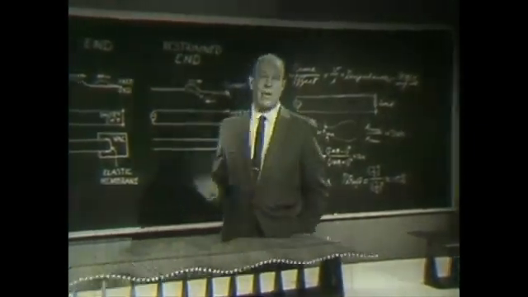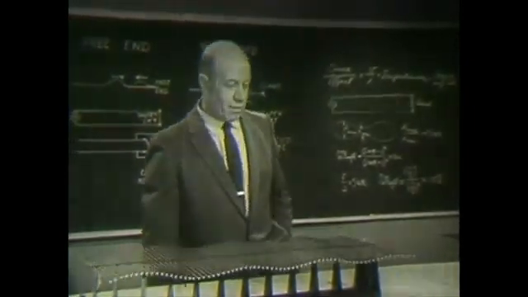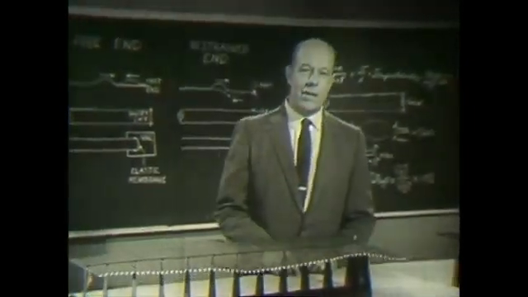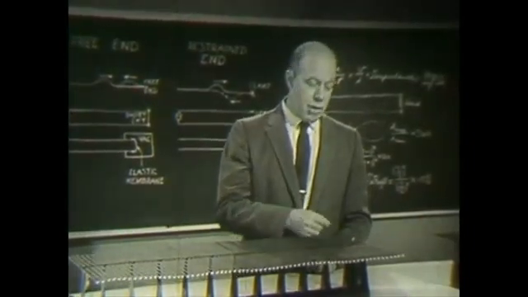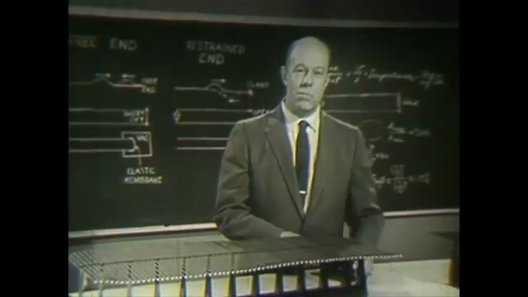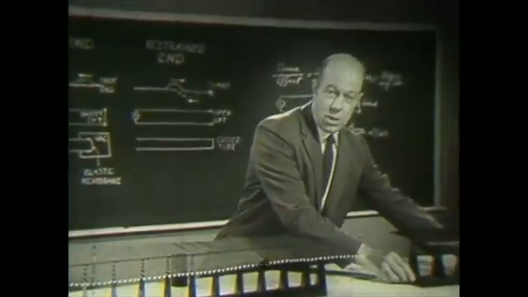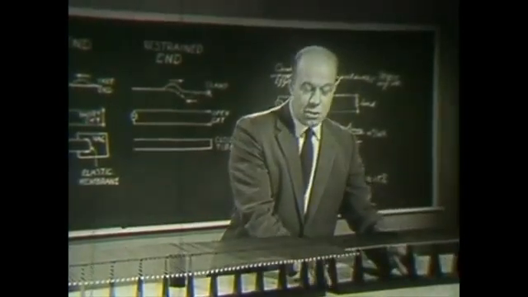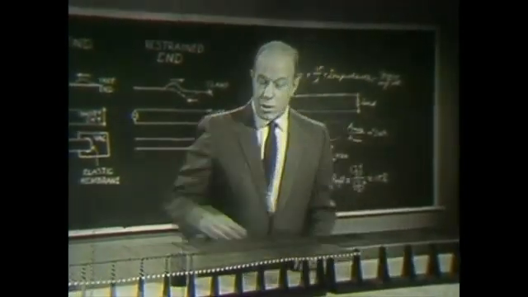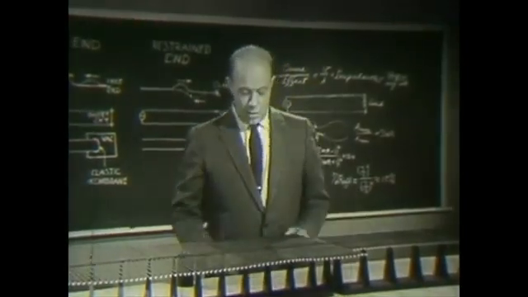Now let me develop for you another idea. Waves are partly reflected not only at mismatched terminations, but also at places where the impedance of the transmission medium changes abruptly. Suppose I connect these two wave machines end to end. Together they give me a single transmission line made up of two pieces having different impedances.